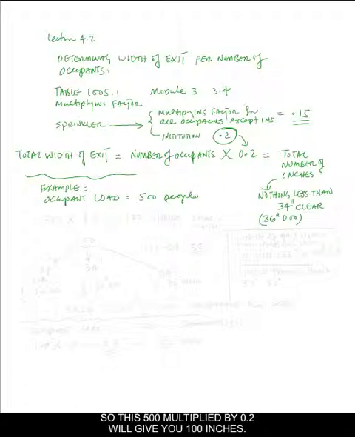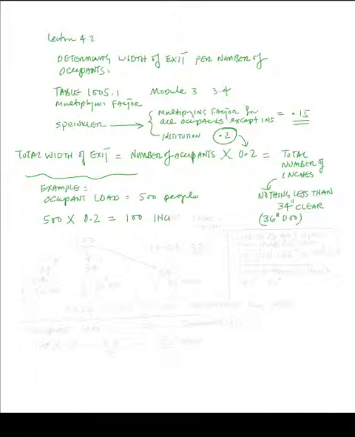So this 500 multiplied by 0.2 will give you 100 inches. I double check that. 500 multiplied by 0.2 gives you 100 inches. That is total width.